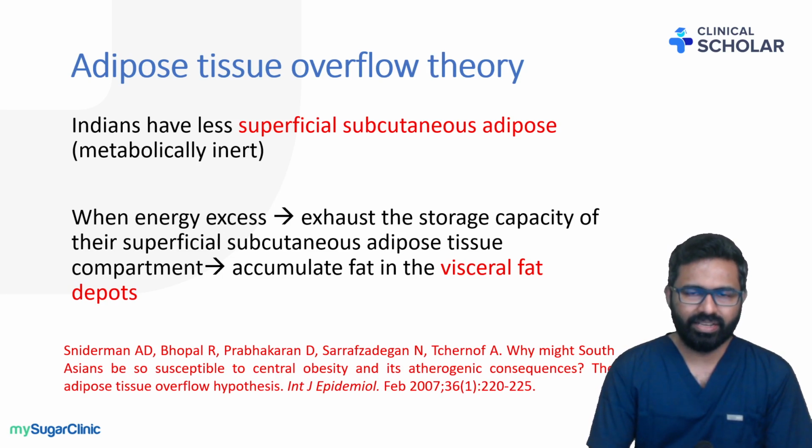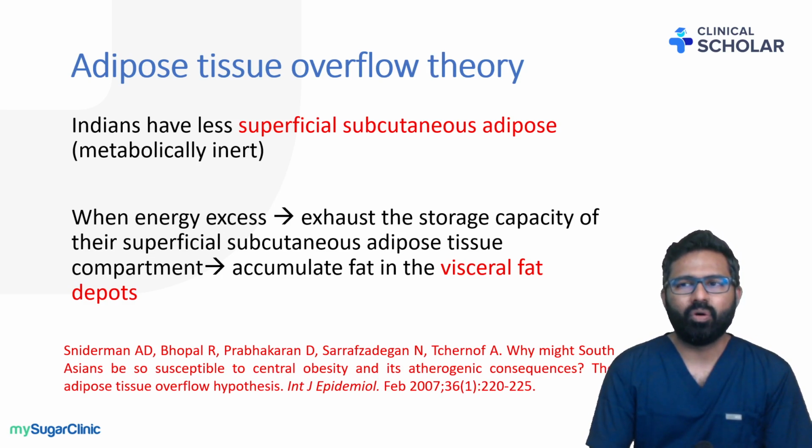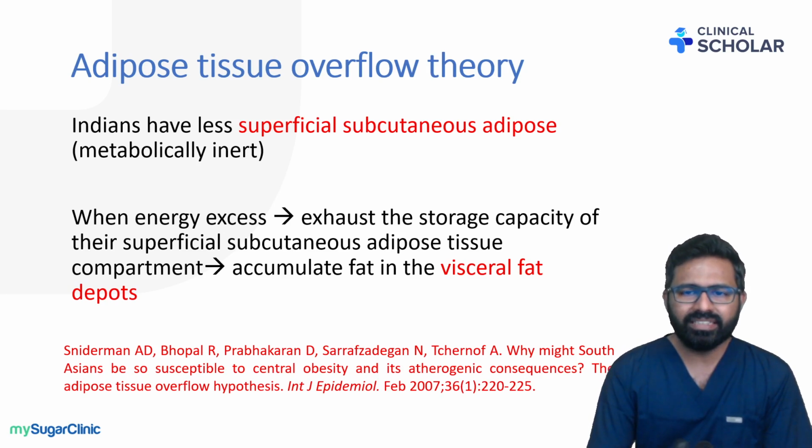So externally, if we calculate the BMI, the patient will not come in the obesity or overweight range, but he or she can have visceral obesity or increased visceral fat accumulation, and this is the notorious fat which causes metabolic syndrome.